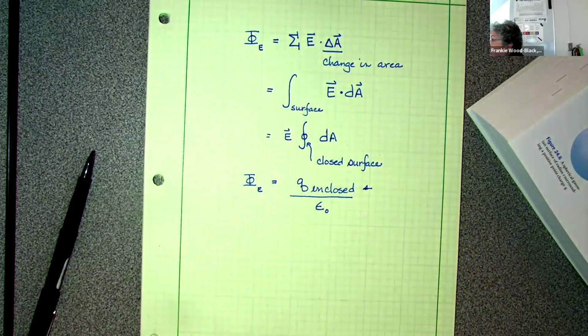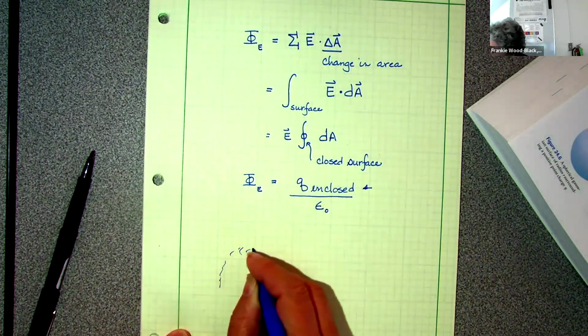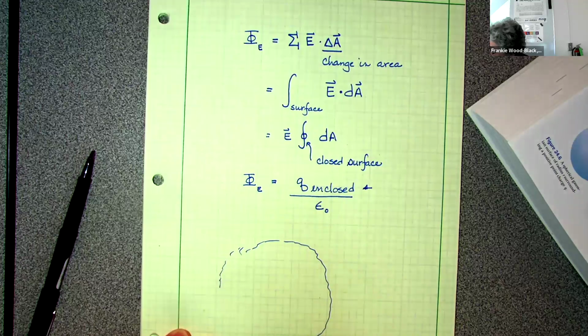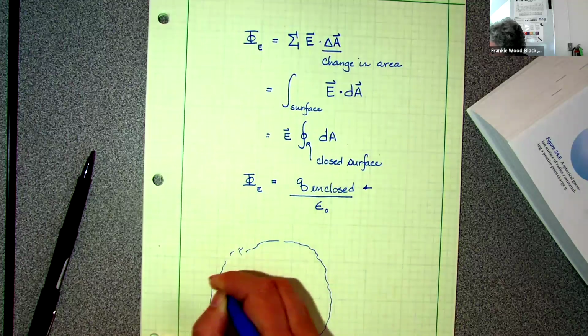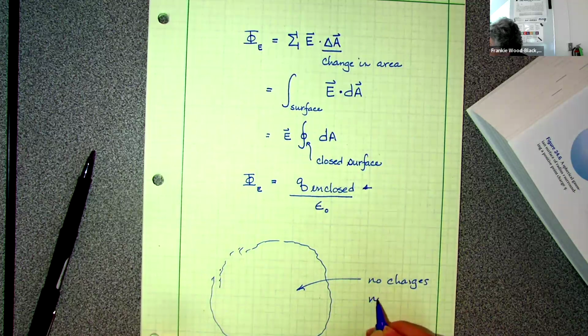So we can go through all kinds of horrible manipulations to deal with our charges. But ultimately, if I don't have a charge enclosed, my electric flux is going to be related to that. So what that means is, here's my Gaussian surface, and we usually use spheres. If there are no charges inside, no flux.